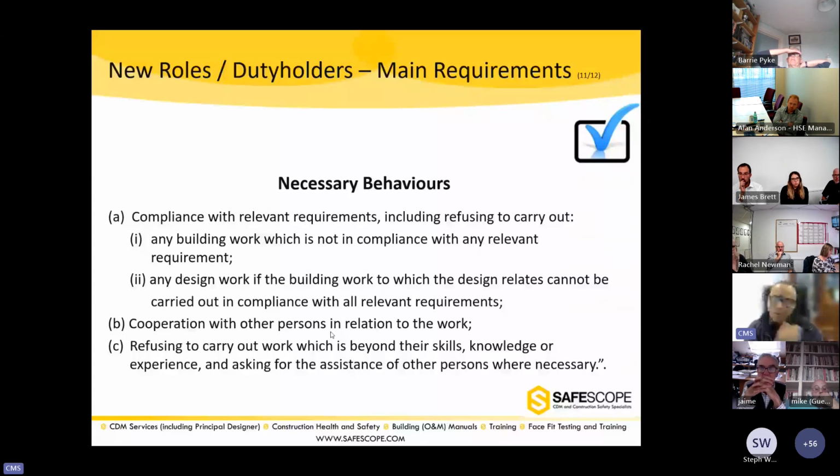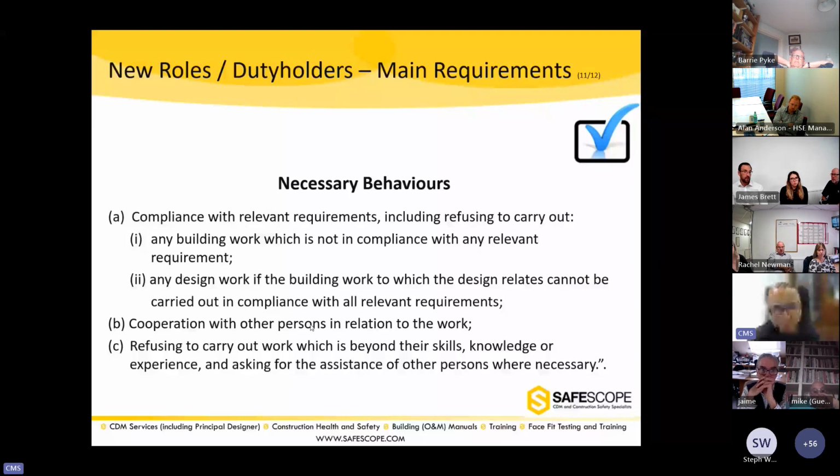And there is a further requirement down the line in duties, which will make life very, very difficult. For if the building work is not compliant, a party could stand up and say, no, we're not going to carry on any further because what you're doing is not compliant. Or even go to the point of saying about other work that's been carried out next to them, look, no, this is not compliant, and raise those concerns.